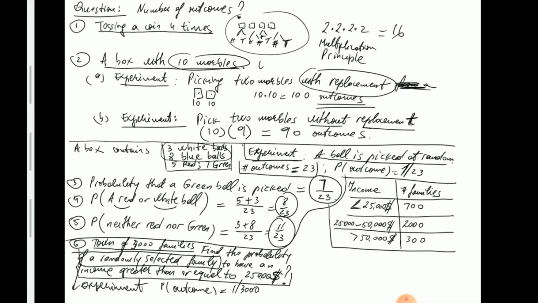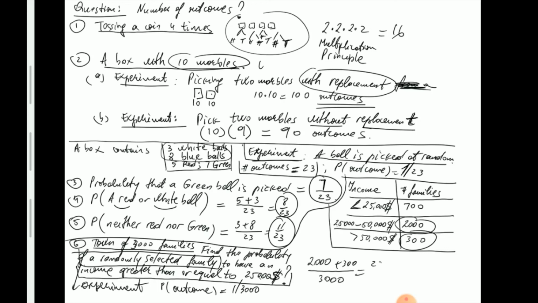Well, to find the number of outcomes in that event, I have to look at the table. Above 25,000, including 25,000, I have 2,000 in that income bracket, plus 300 in the income bracket above 50,000. So in total I have 2,300 families in that income bracket, divided by the total number of outcomes, which is the number of families, 3,000.